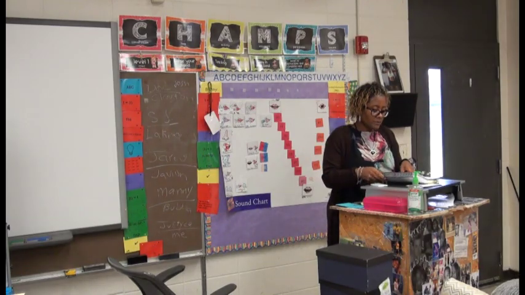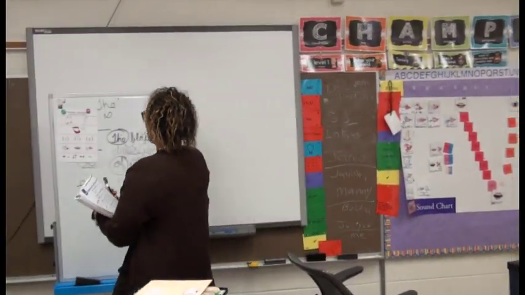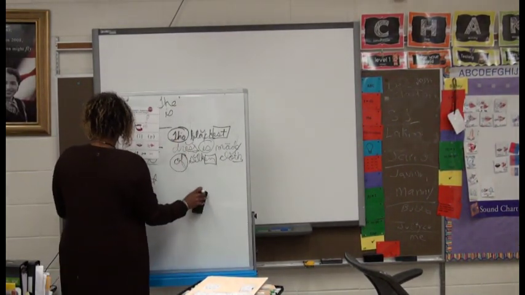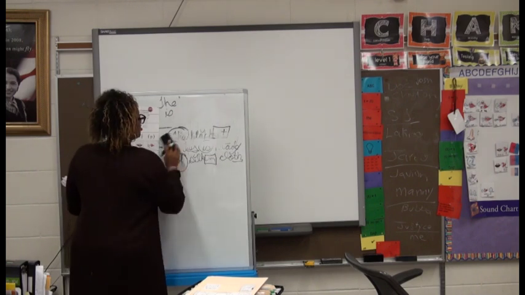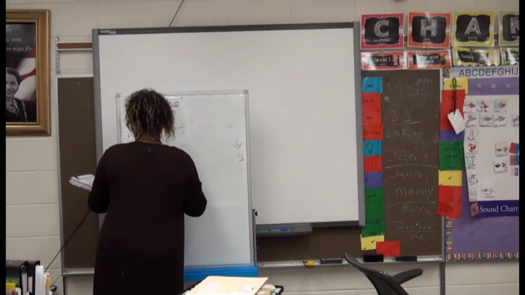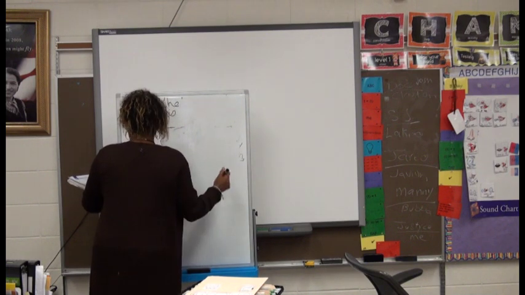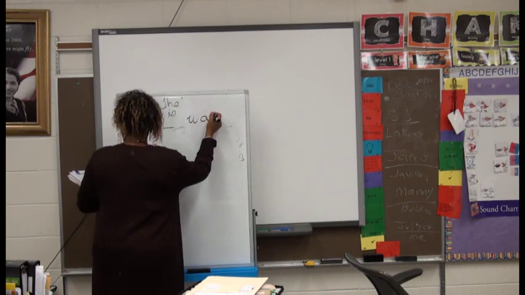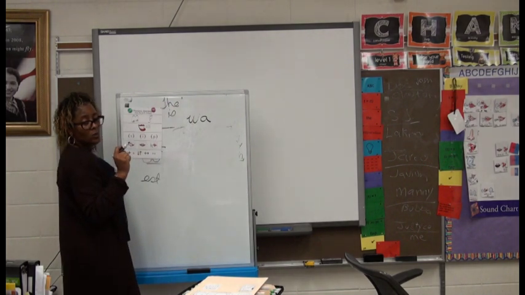Oh, and also, guys, I need to tell you a hint. Remember when we had that, let me erase this. When you have an A followed by a W, we have the sound ah.